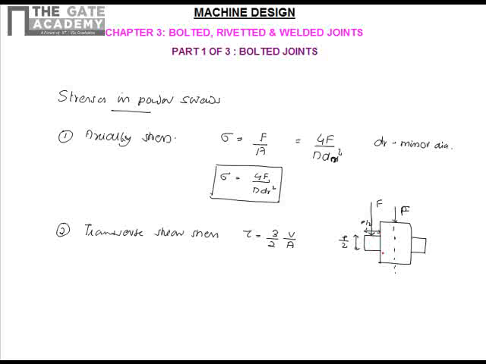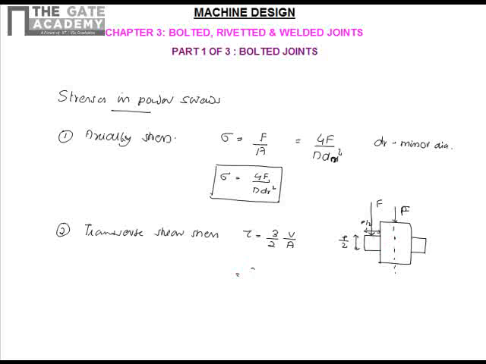The shear stress distribution, as we have seen in the beams, will be 3 by 2. Since it's a rectangular cross section, the maximum shear stress will be 3 by 2 V by A, where V is the shear force. Shear force is nothing but F here.